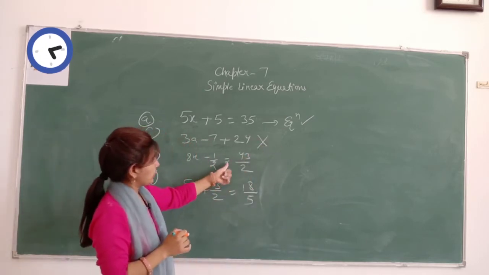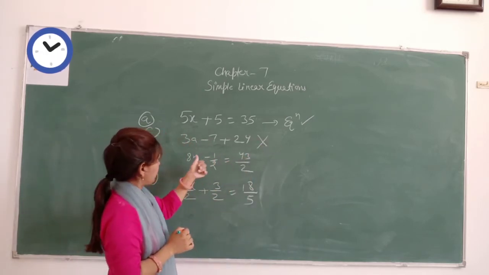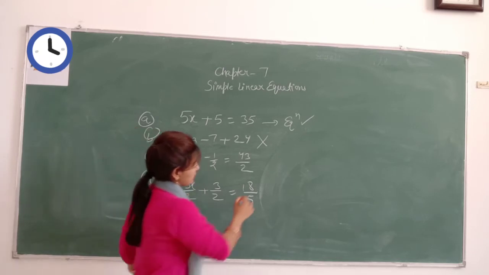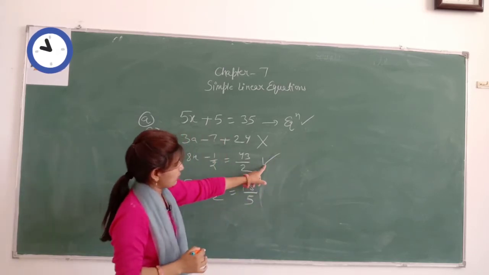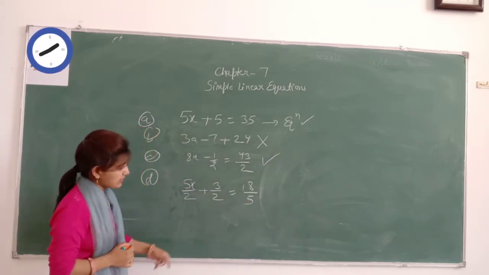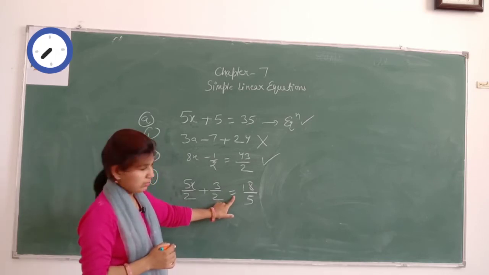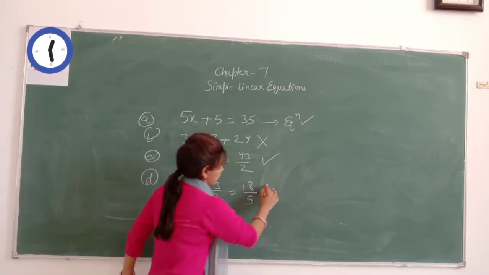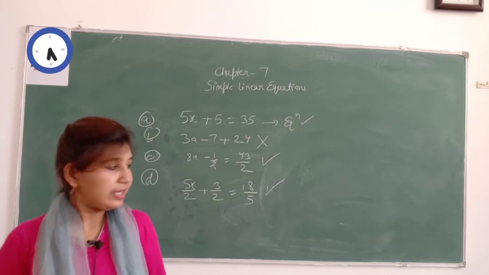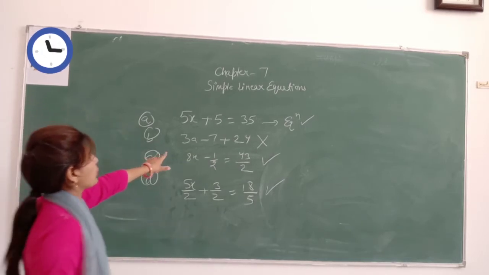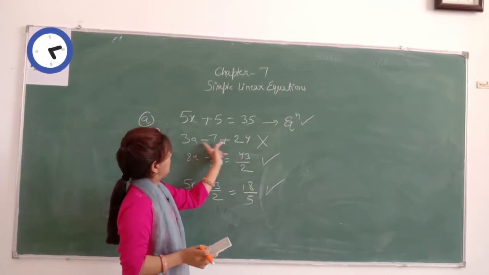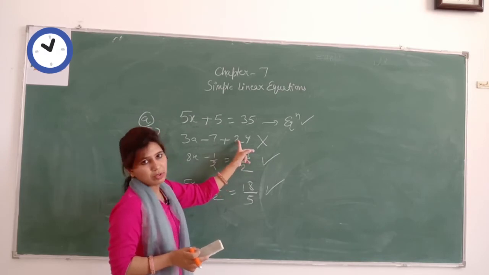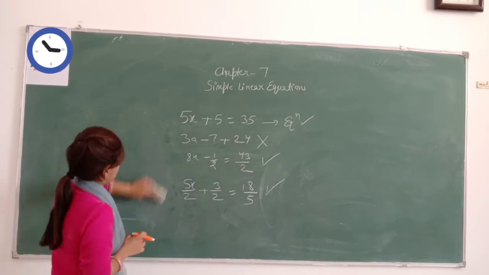Now here you have the symbol of equality plus variables are also there, so this is your equation. Same here बच्चे, equality symbol you have, variable you have, so this is your equation. Understand बच्चे, here only B part is not your equation because this statement don't have the symbol of equality. Okay beta.